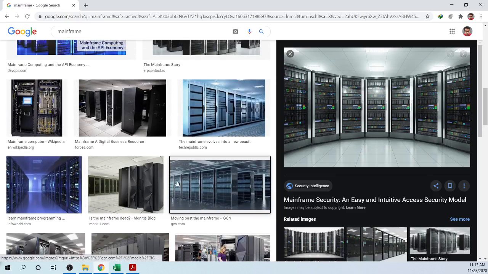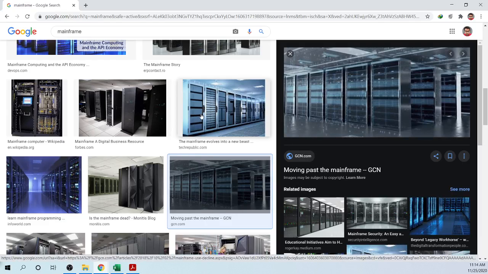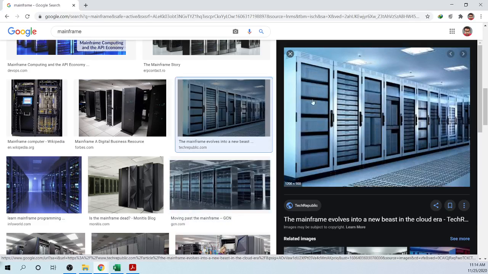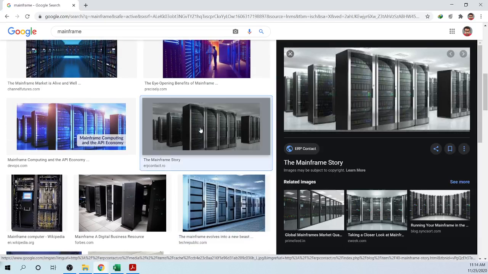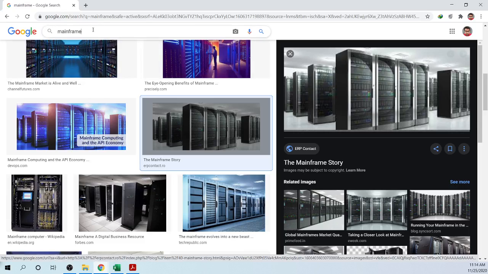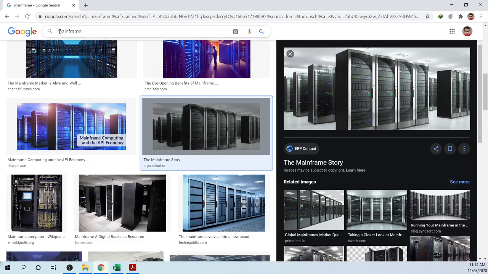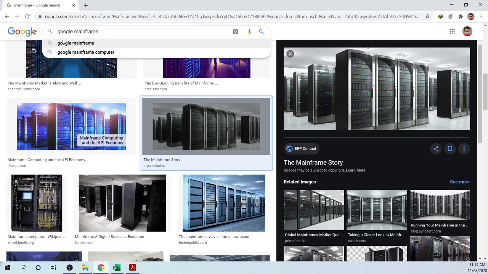So the first part in the notes had said that the mainframe refers to the cabinet. So it's like you're seeing cabinets, but if you look closely, these rectangles that you're seeing are the actual computers inside of the cabinet, the mainframe. Let me see. Google mainframe.